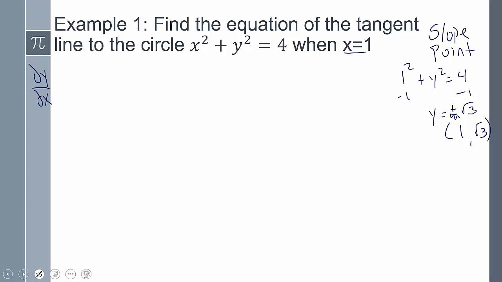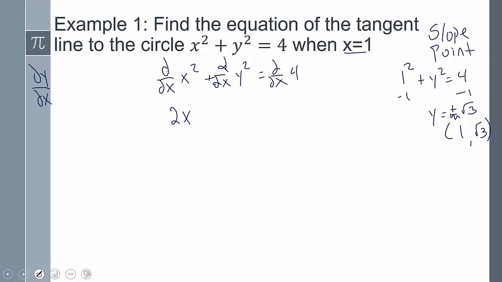So now I need to find the slope. So to find the slope, I need to find the derivative of the equation. So dy over dx, or take the derivative of everything. So d over dx of x squared plus d over dx of y squared equals d over dx of 4. Well, the derivative with respect to x of x squared is 2x.